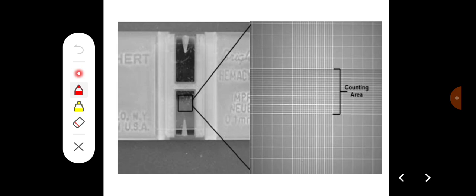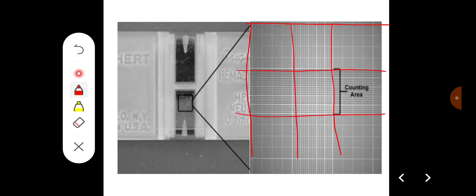This is how the Neubauer's ruled area is seen under the microscope. You can see the Neubauer's ruled area, which is square in shape and measures around 3 by 3 millimeters in length and breadth. This area is divided into 9 equal parts, and there are peripheral corner squares.